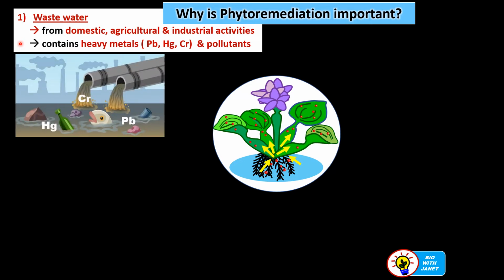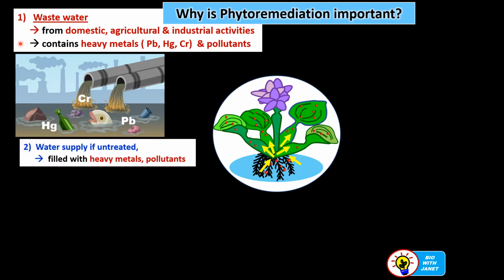So this picture shows you a factory releasing the wastewater or effluents into a lake or a river, into a body of water, right? So it will pollute the water and cause the death of organisms. Also, it's not suitable for humans to use it or for human consumption.